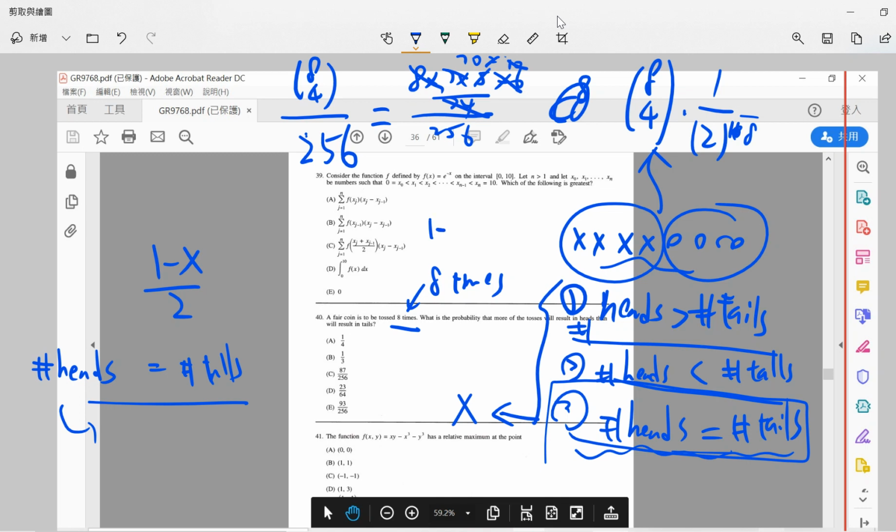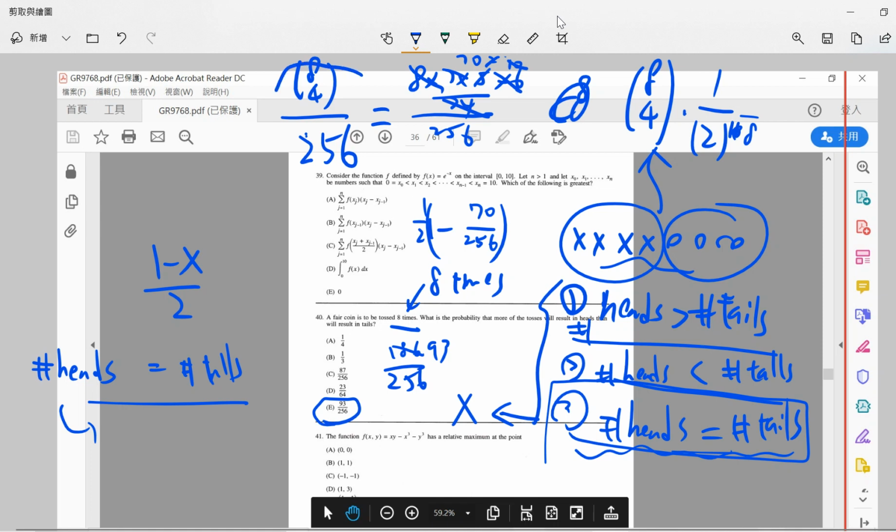So this is 1 minus 70 over 256, and divided by 2. So this is 93 divided by 256. Once you find x, you plug it in and then you can find this. So the answer is E.